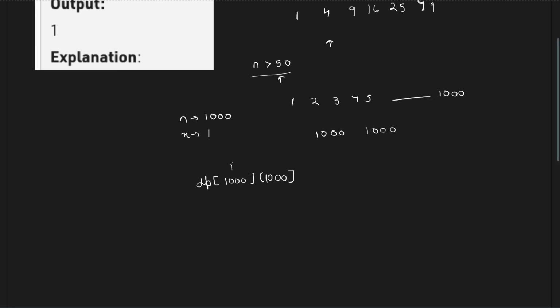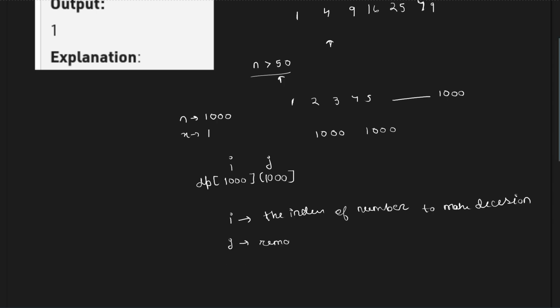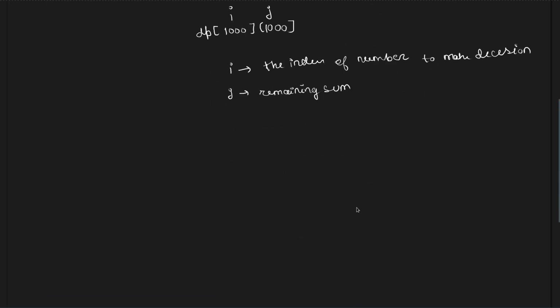Let's say this is I, this is J. I will be denoting the index of the number that we are considering whether to take or not, to make a decision, and J will be the remaining sum. So this is going to be an n square DP, and let's see what happens at each of the states.